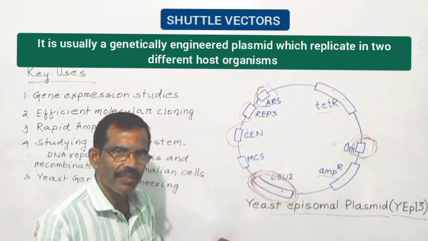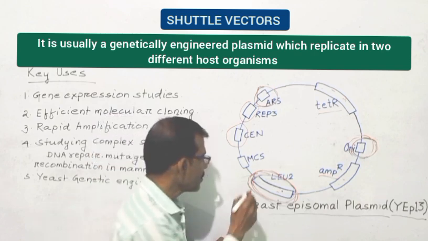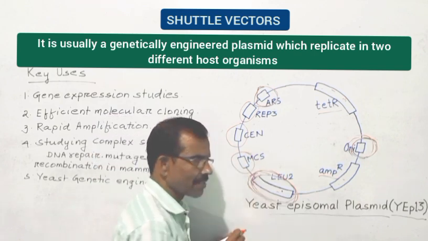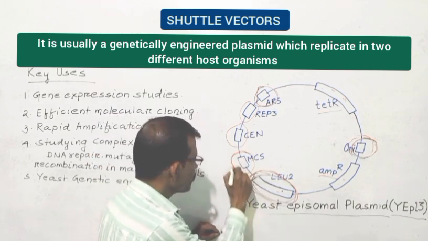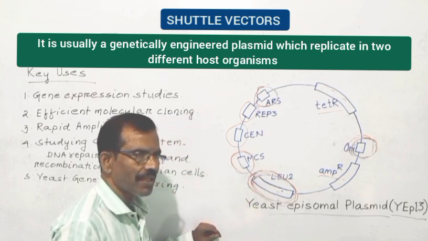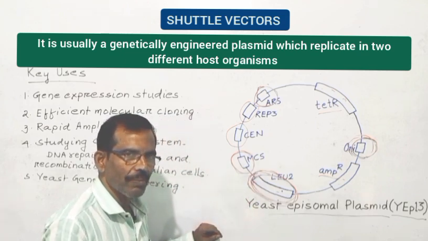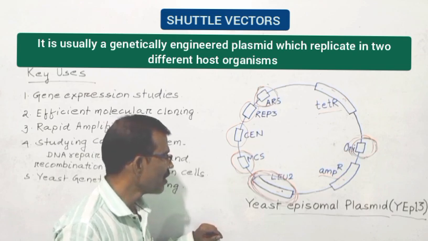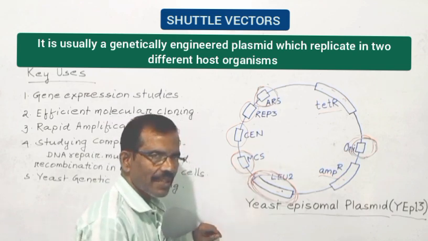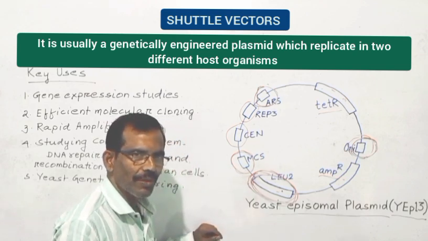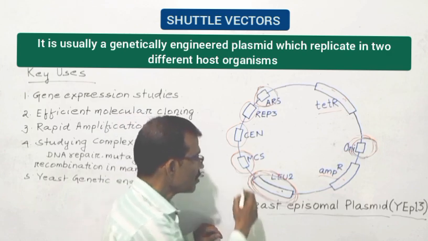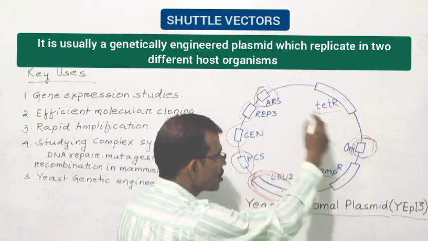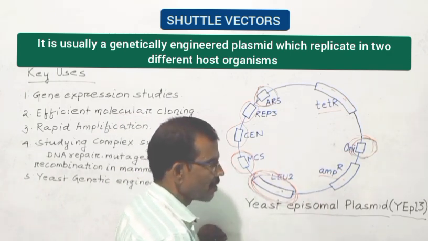All shuttle vectors also contain a multiple cloning site. It is a specific sequence which contains restriction sites for multiple enzymes so that the foreign DNA can be inserted at a suitable position. So friends, this is all about yeast episomal plasmid 13.